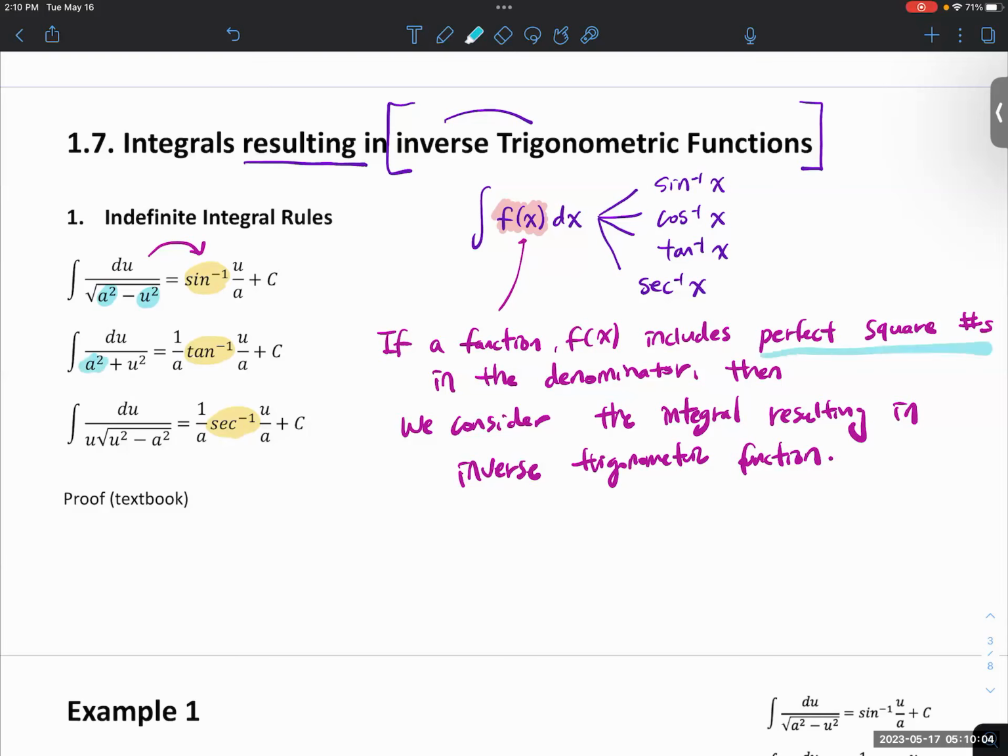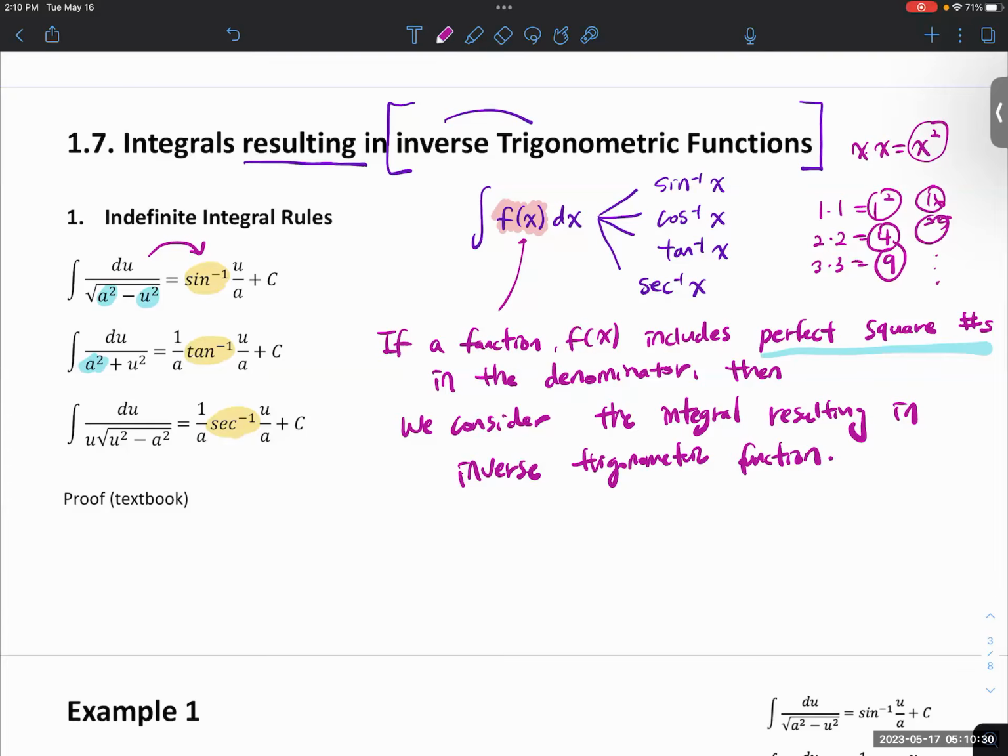You know what a perfect square number is: you're multiplying the same number twice. 1 times 1 is 1 squared, so 1 is a perfect square number. 2 times 2, 4 is a perfect square number. 9 is a perfect square number. 16, 25, whatever you get by multiplying the same number twice, we call perfect square numbers, correct?